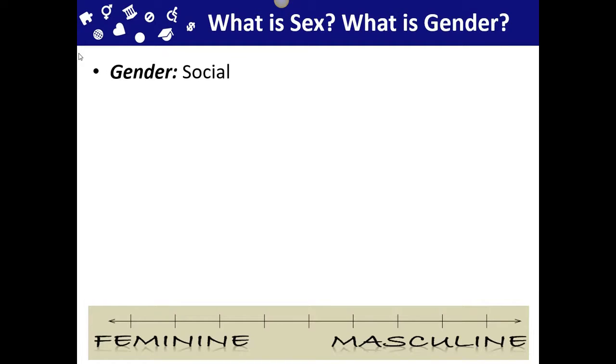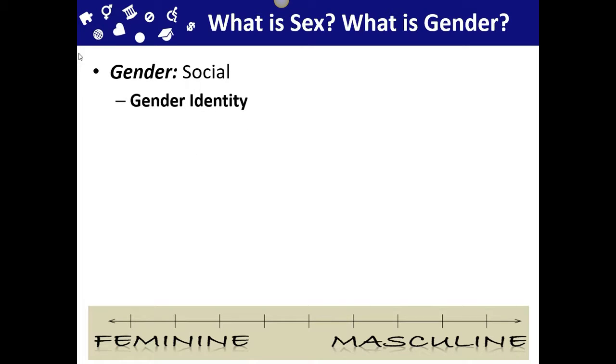So, sociologists look at gender as something that is social rather than biologically determined, socially determined. And when we look at gender in society, we tend to look at it on a scale of masculinity and femininity, or anywhere in between. Oftentimes in the middle is what's referred to as androgyny.